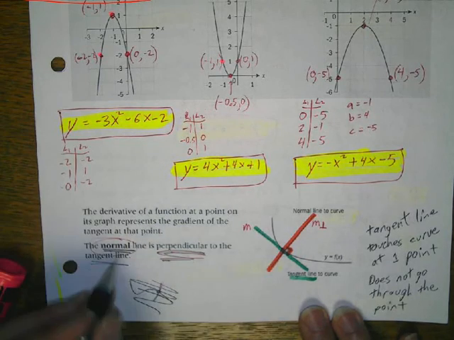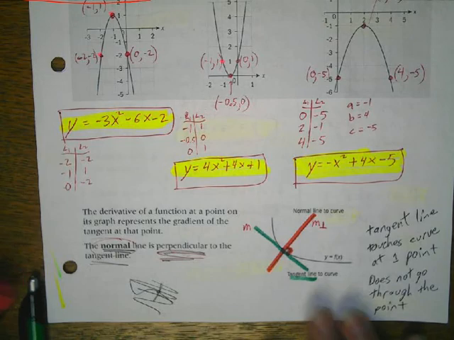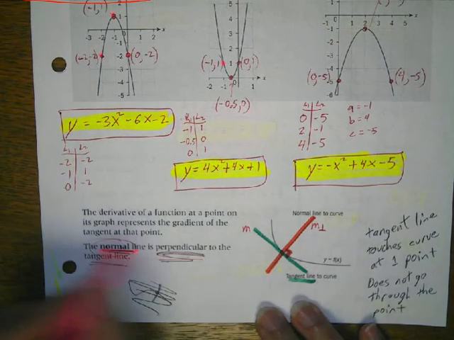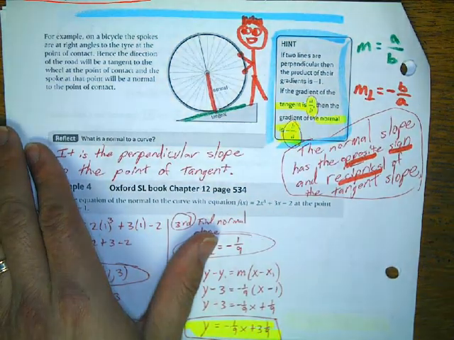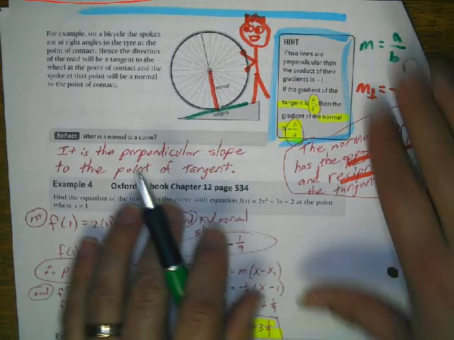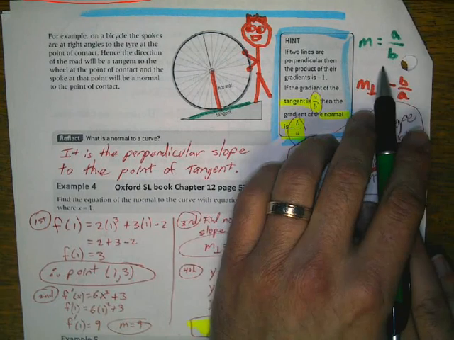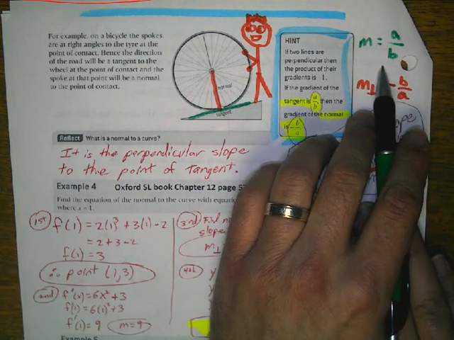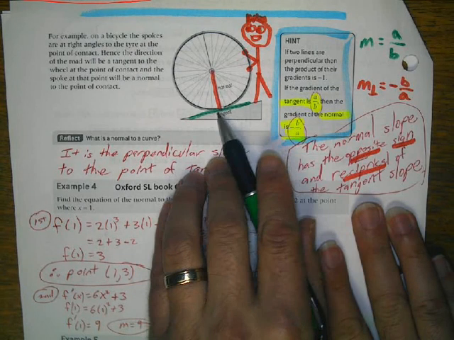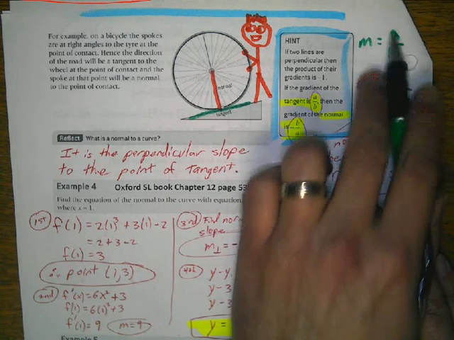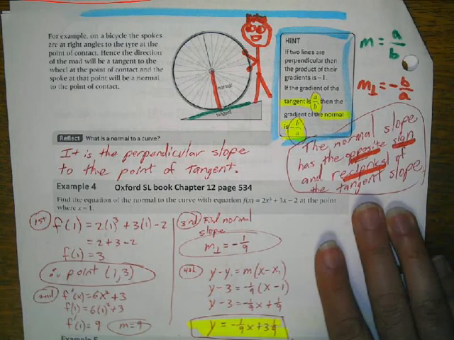So the normal is a perpendicular line to this. When we are dealing with our normal, whatever the slope is for the tangent line, the perpendicular is the reciprocal, and we change the sign.